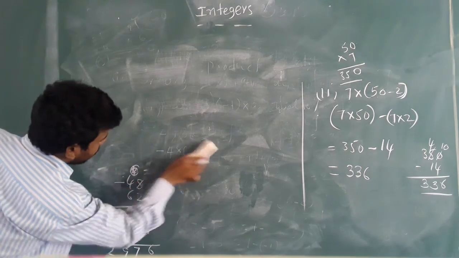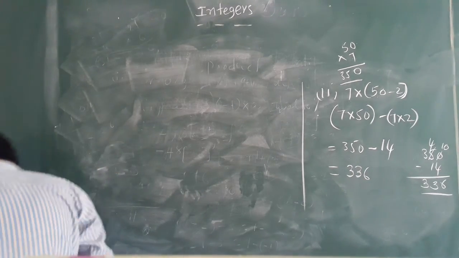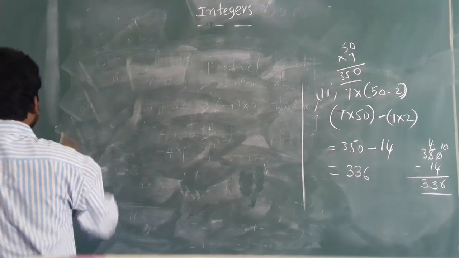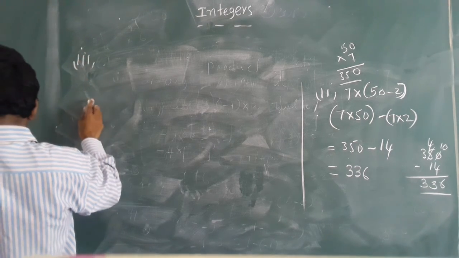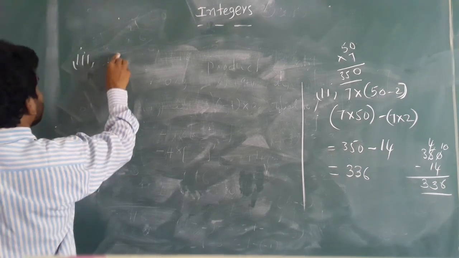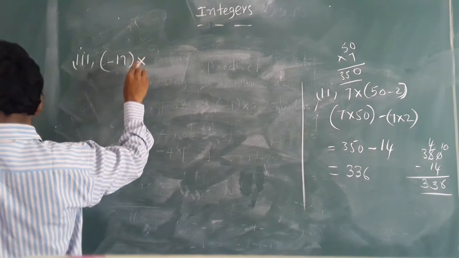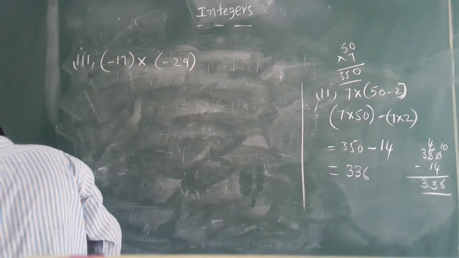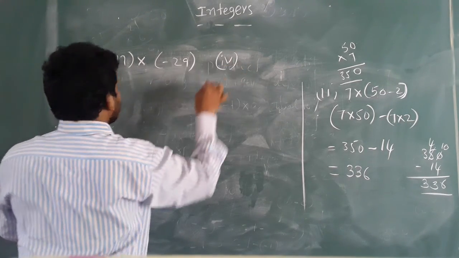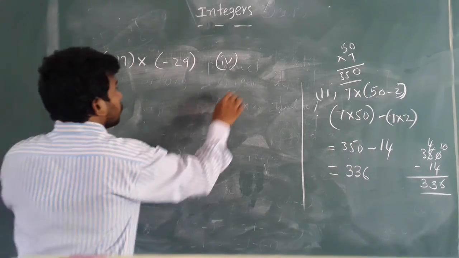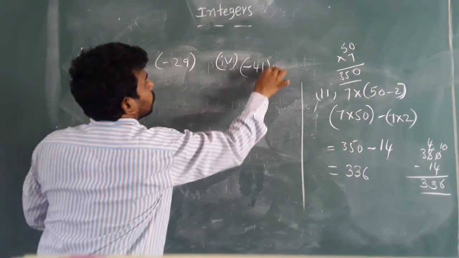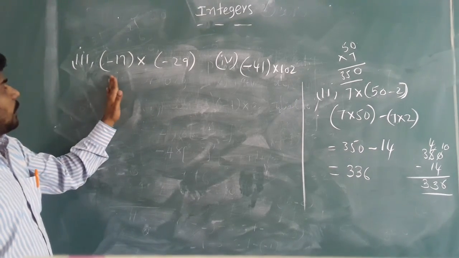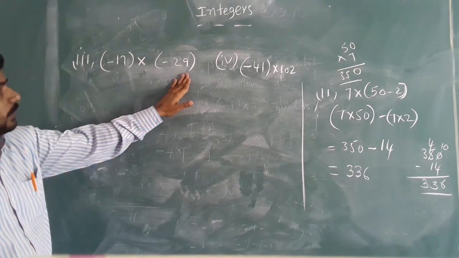Now which problem, children? Third. See, children, third problem, minus 17 into minus 29.